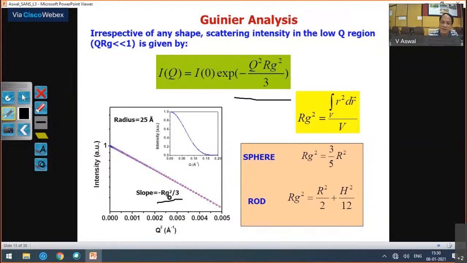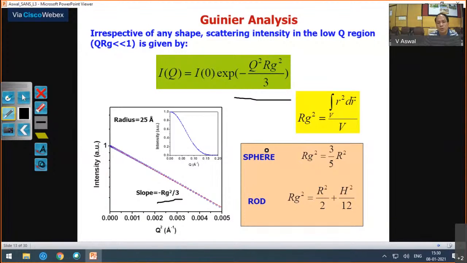That is the simplest thing you can do. Just plot your data in the low Q region, log intensity as a function of Q squared. If you see a linear curve, then from that slope you will get the radius of gyration.